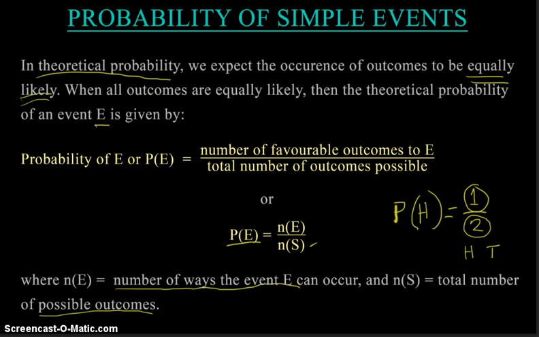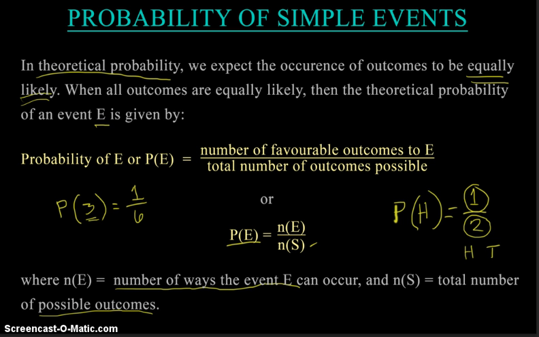Okay? Doon naman sa die, the probability of getting 3 for example, is equal to 1 by 6. Kasi yung number 3 doon ay iisa lang, di ba?